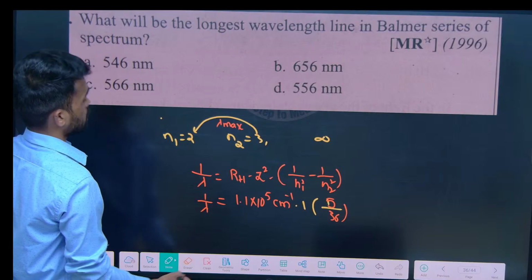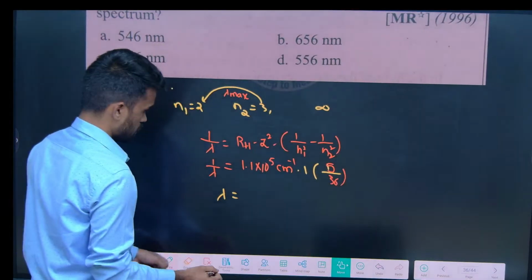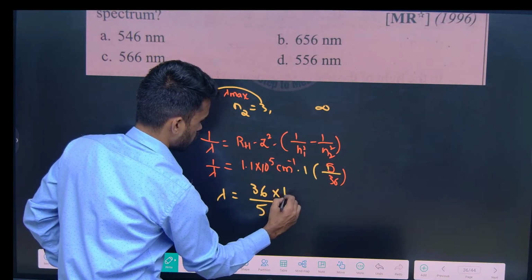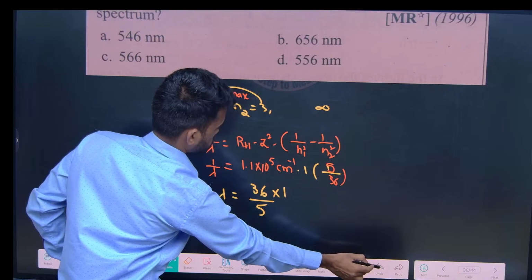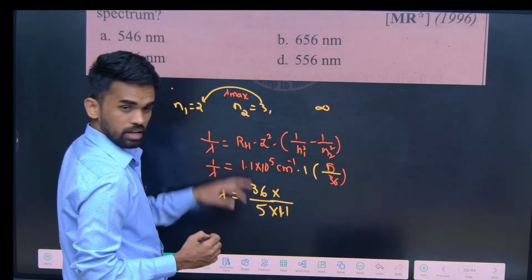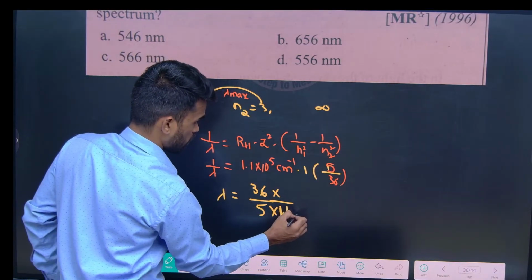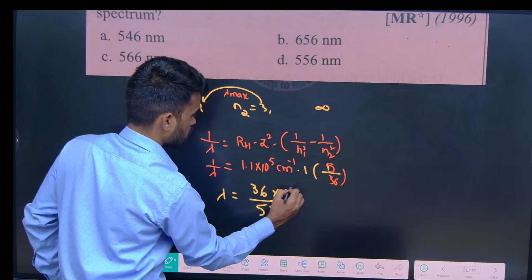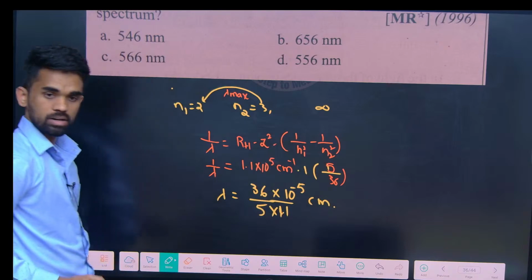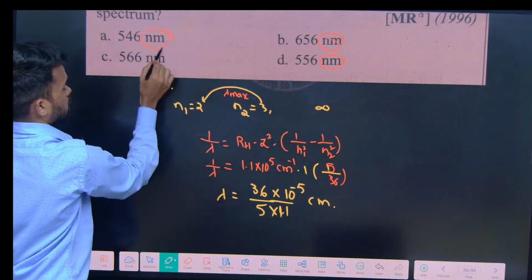Now they are asking for lambda, which can be the inverse of this. So what can I write? 36 by 5 into 1.1 into 10 power minus 5, and this becomes centimeters. Okay, so now in place of centimeters, what do I require? Nanometers.